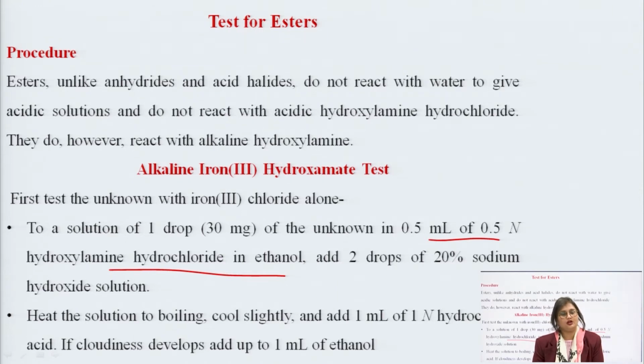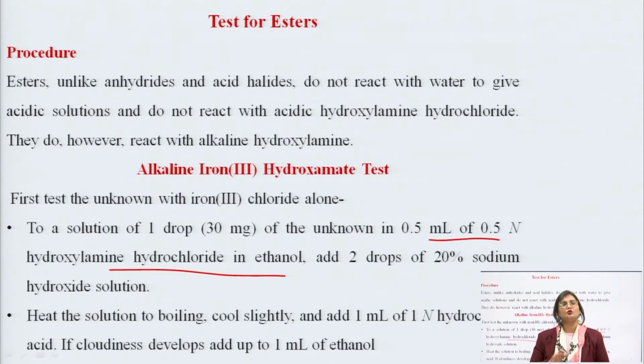So, 1 drop consisting of approximately 30 mg of the unknown is dissolved in 0.5 ml of 0.5 normal hydroxylamine hydrochloride dissolved in ethanol. To this, 2 drops of 20% sodium hydroxide solution are added dropwise. This solution is then heated to boiling.